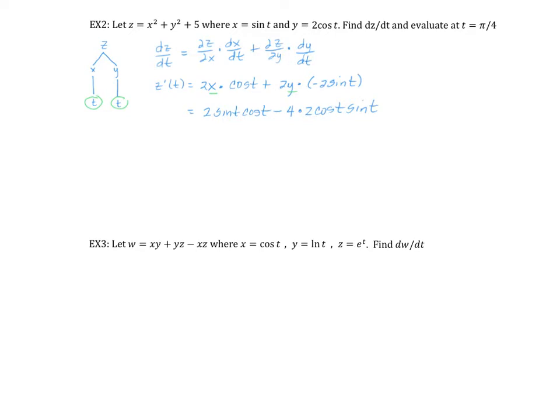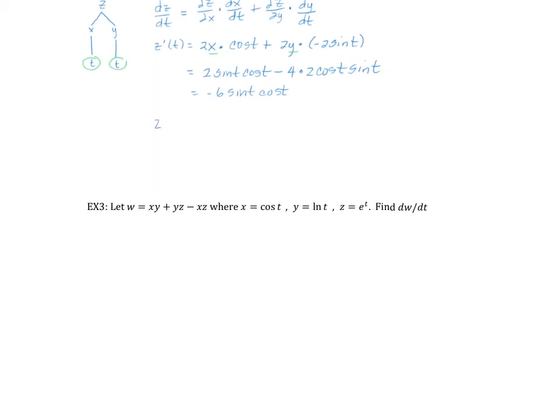So look at this. I have 2 sine cosine minus 8 sine cosine. It's going to end up being negative 6 sine t cosine t. And I could actually write it in a more efficient way by remembering that 2 sine cosine is sine of 2t. But I'm going to stop right here.